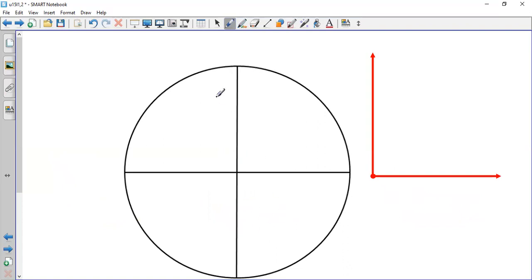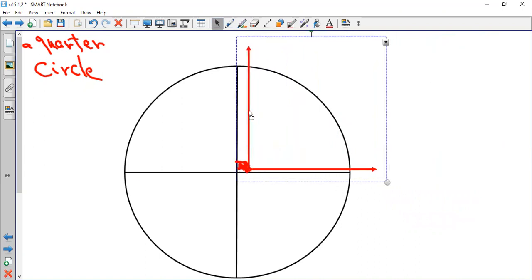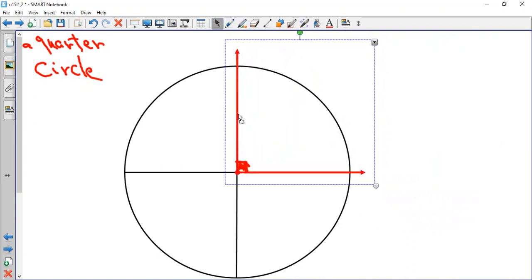If we have a circle here and we divide the circle into four equal parts, each part is called a quarter circle. So this part is a quarter circle. And if we have a right angle here, and we want to compare the right angle and a quarter circle, we will take this angle and put the vertex on the center.